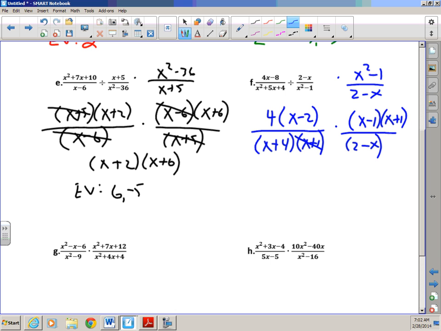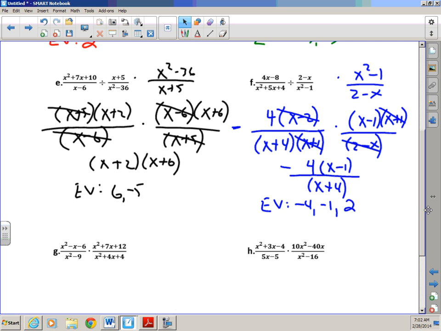What do I cancel? The x plus 1s. The 2 minus x and x minus 2 cancel with a negative. So I'm going to be left with negative 4 times x minus 1 over x plus 4. My excluded values are negative 4, negative 1, and a positive 2.